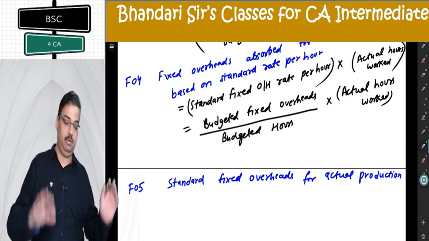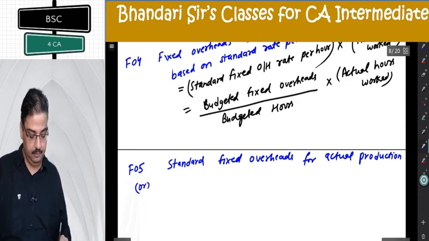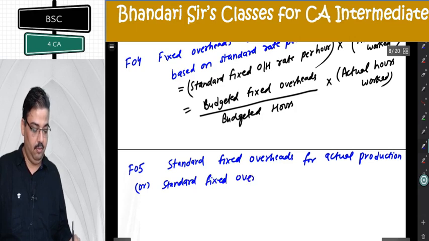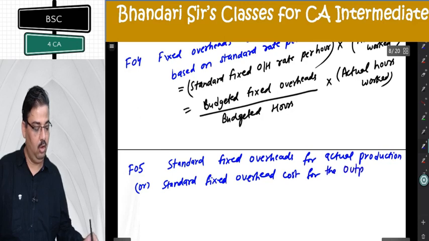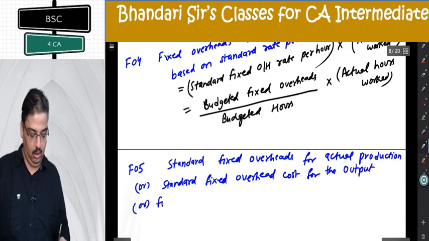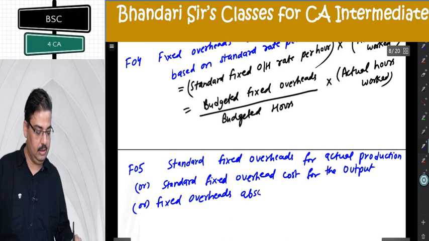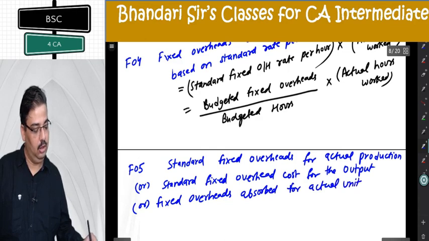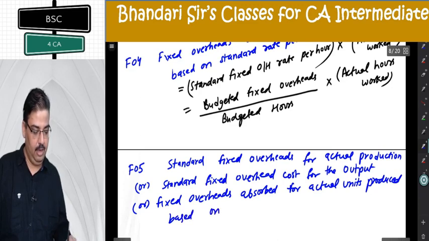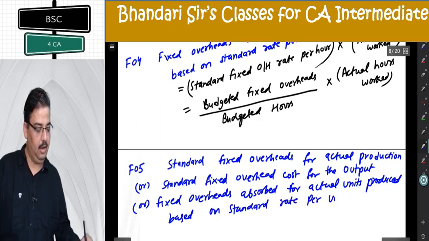Or alternatively, standard fixed overhead cost for the output, or fixed overheads absorbed for actual units produced based on standard rate per unit.